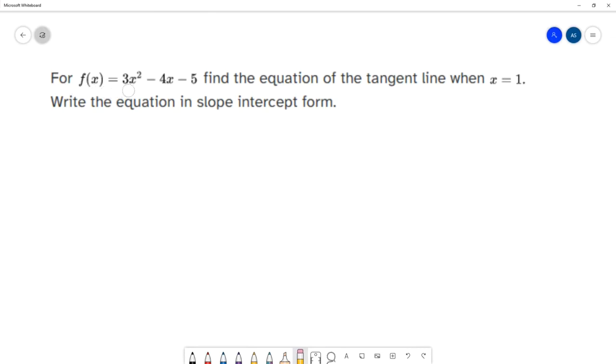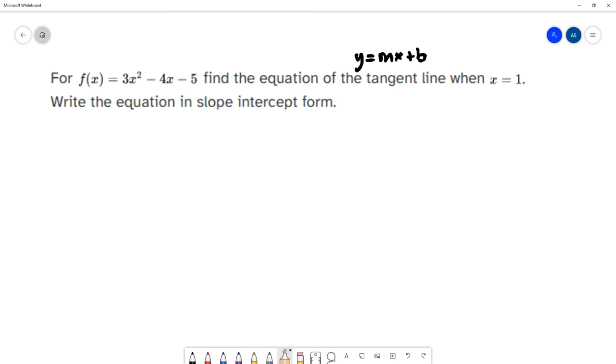For f of x equals 3x squared minus 4x minus 5, we want to find the equation of the tangent line when x equals 1. We're going to write that equation in slope-intercept form. So when we're looking for the tangent line, it will be some equation y equals mx plus b.